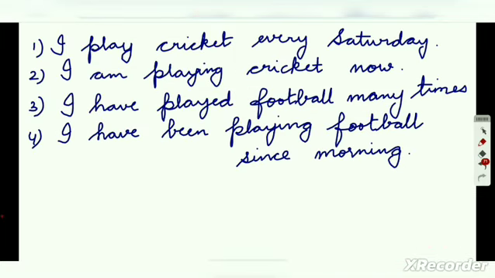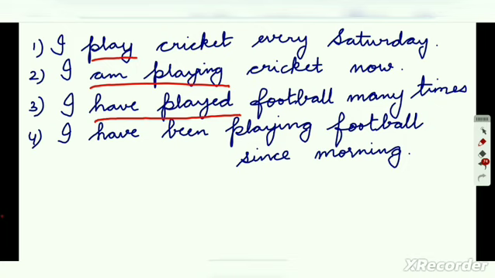Let us take another example with the verb play. I play cricket every Saturday. It is a routine, it's a habit. I am playing cricket now. It is happening now. I have played football many times. The result: you know how to play football because you have played it many times.